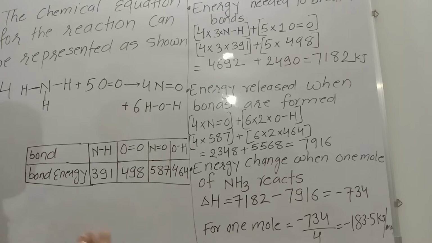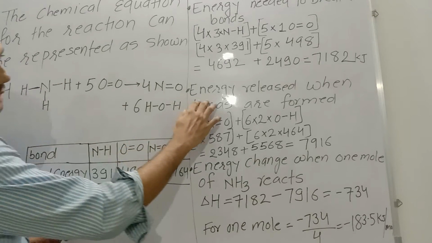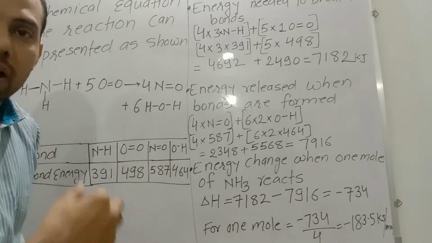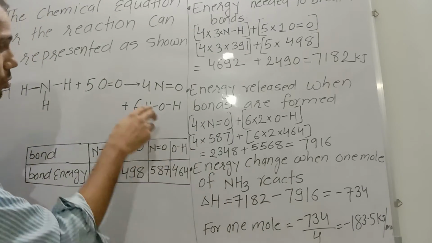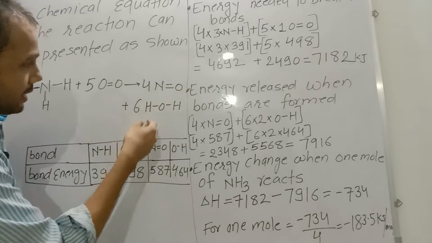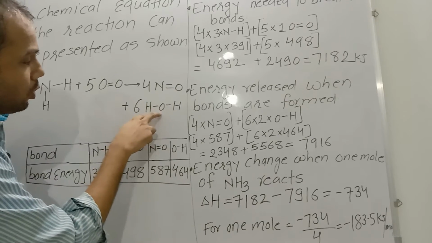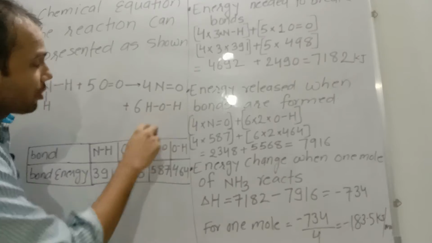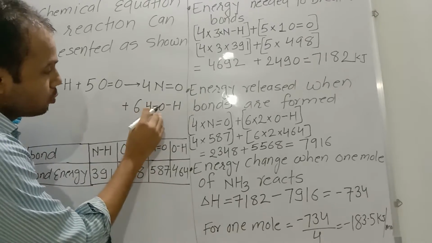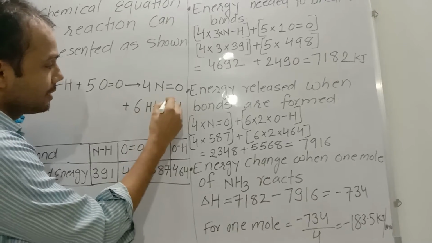Now next one, they are asking energy released when bonds are formed. So let us check it here. We have NO and there are 2 O-H, because in water you can check it here, there are 2 O-H, one is this, another is this.